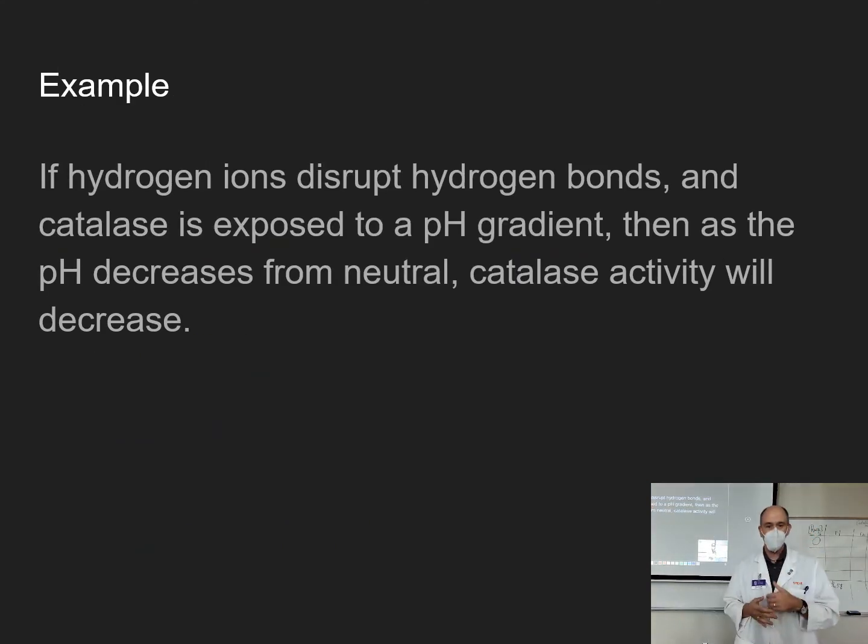For example, if hydrogen ions disrupt hydrogen bonds and catalase is exposed to a pH gradient, then as the pH decreases from neutral, catalase activity will decrease. So your if is going to be what you think the relationship is between activity and catalase, or activity and hydrogen peroxide concentration in this case.